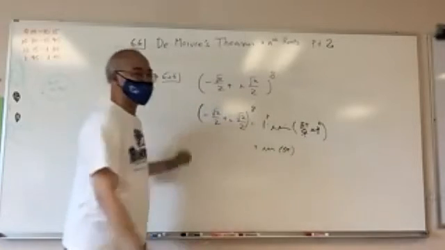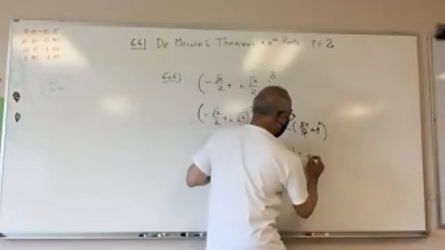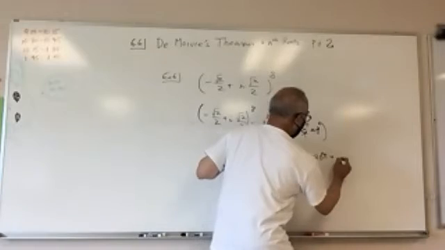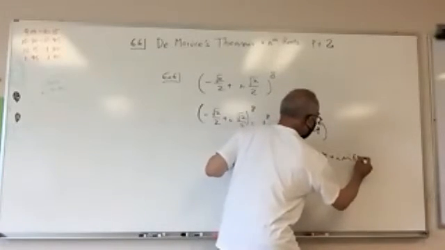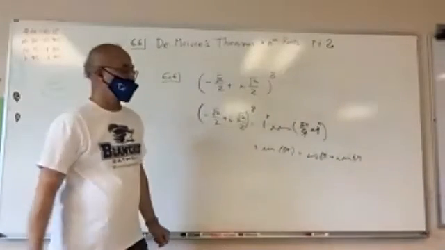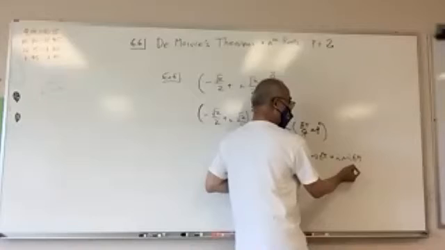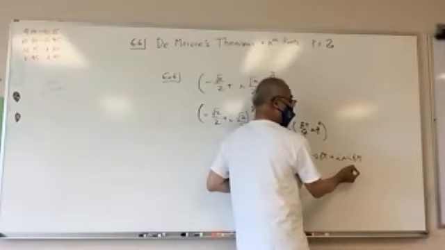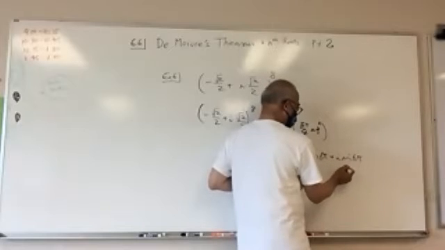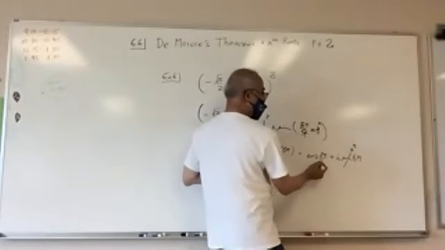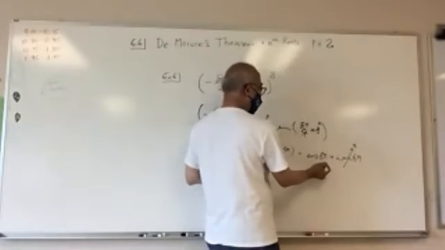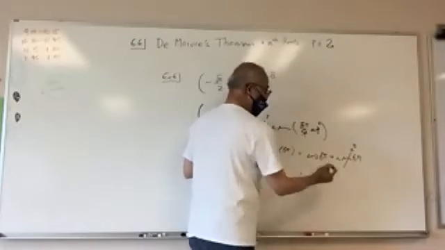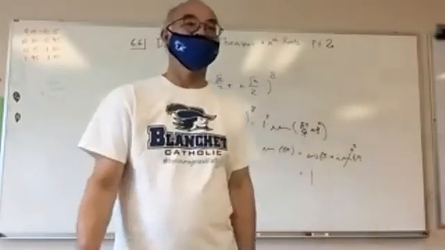What is sine 6 pi? So this is the same as cosine 6 pi plus I sine 6 pi. Sine 6 pi is the same as sine 2 pi, correct? So it's 0. Cosine 6 pi is the same as cosine 2 pi, which is 1.